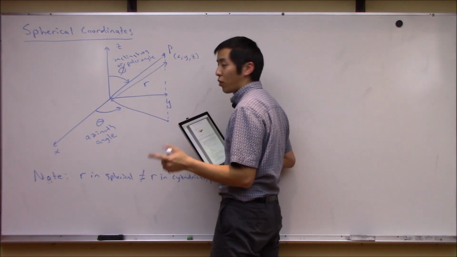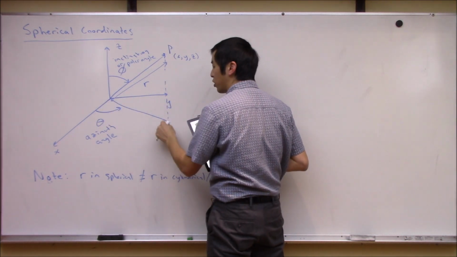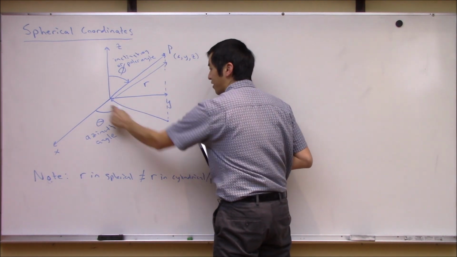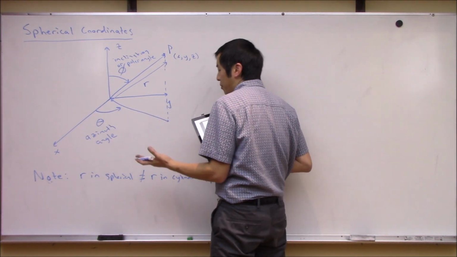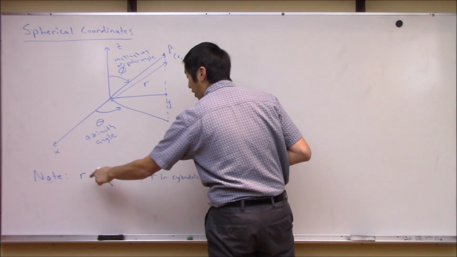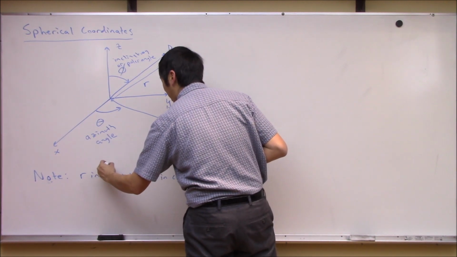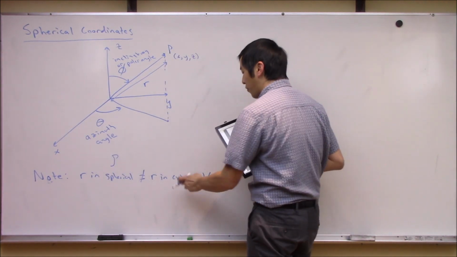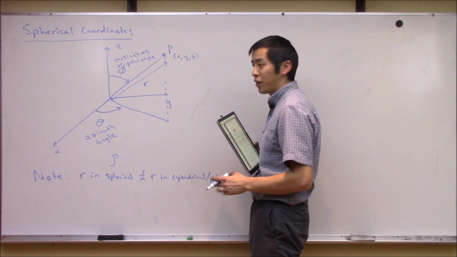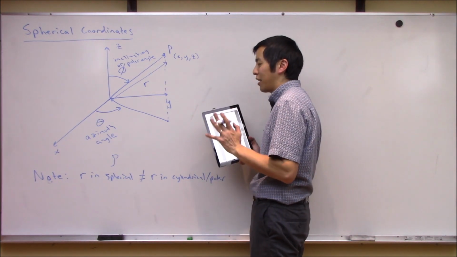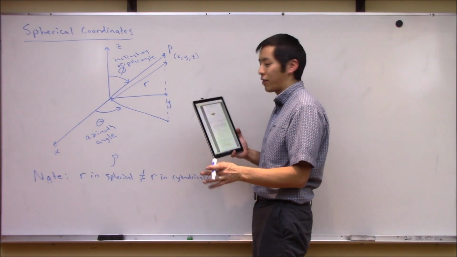In cylindrical coordinates, it was the distance from the origin to the projection in the plane, so it was this distance here. Sometimes in spherical coordinates this might be referred to as rho to differentiate it from a radius in cylindrical coordinates, but we're going to see that the nomenclature gets messed up quite a bit.